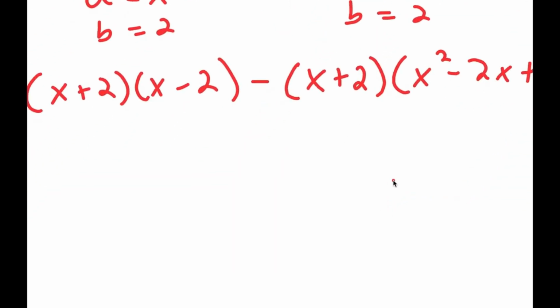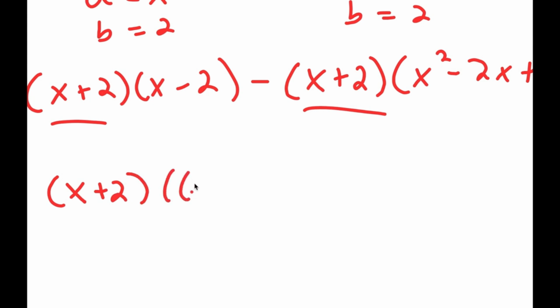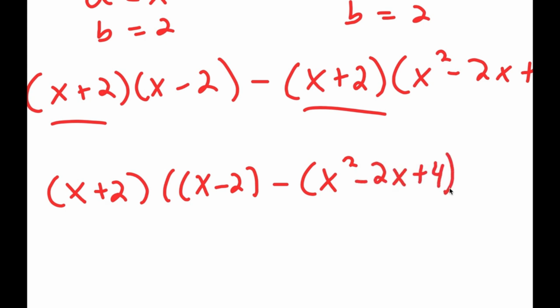Now from here, I can factor out x plus 2 because both of these terms have x plus 2. So I get x plus 2 times x minus 2 minus x squared minus 2x plus 4 is equal to 0.